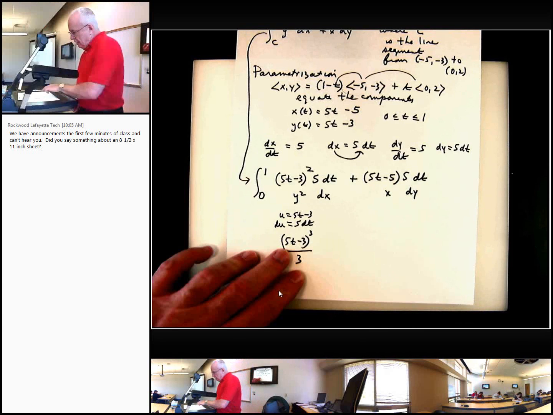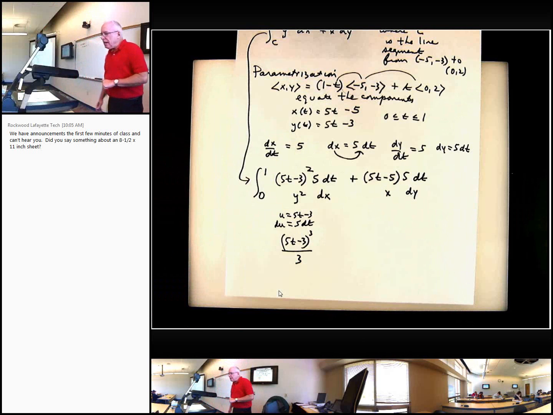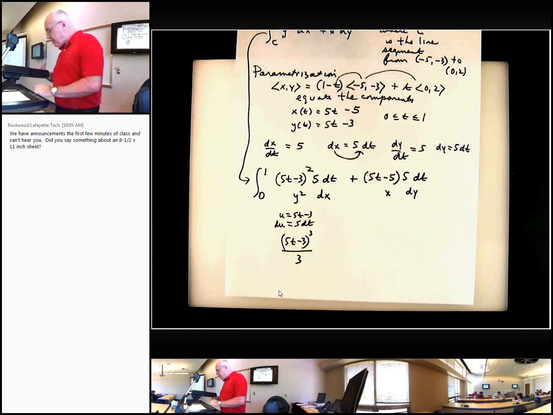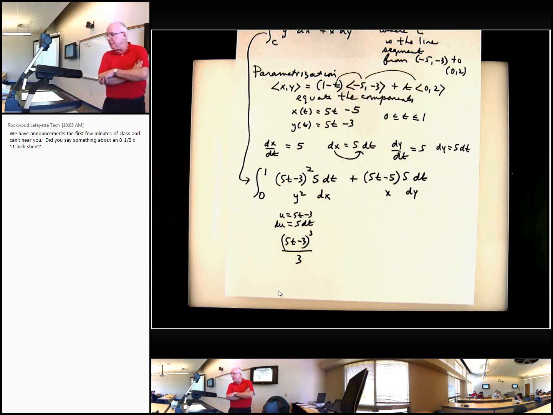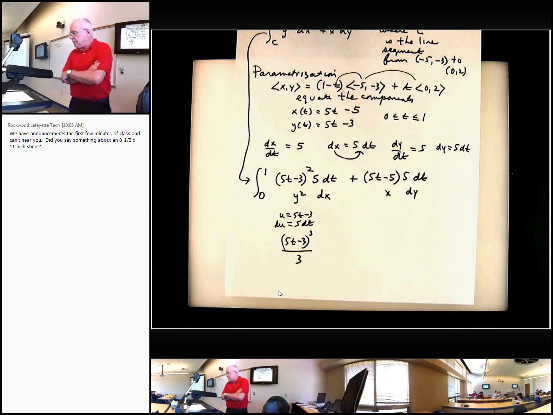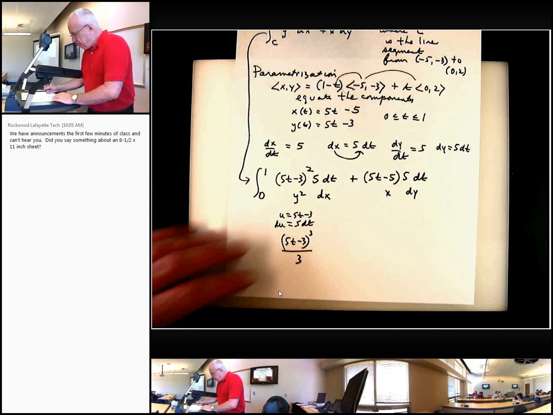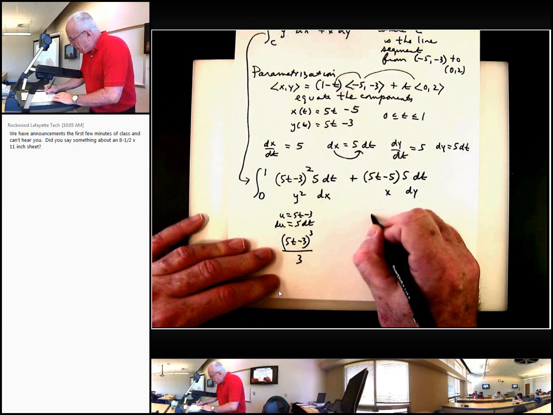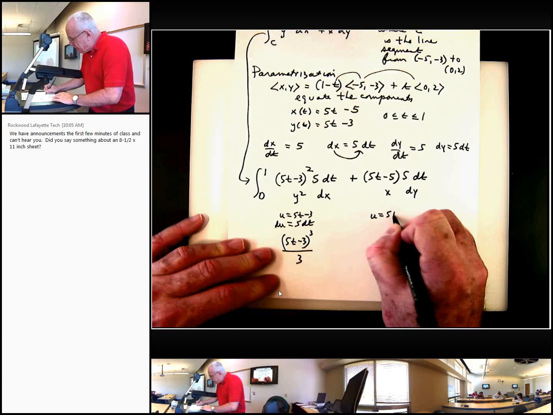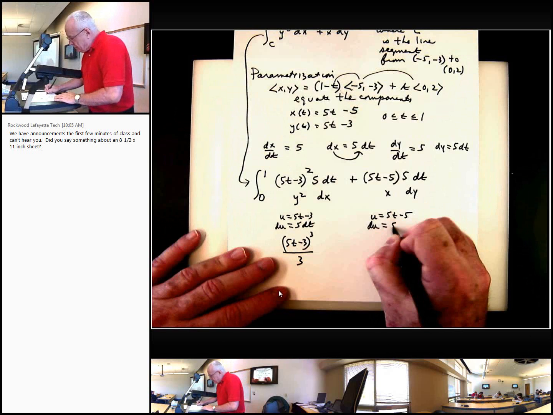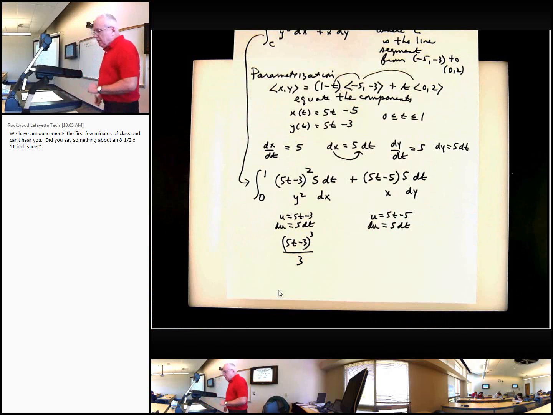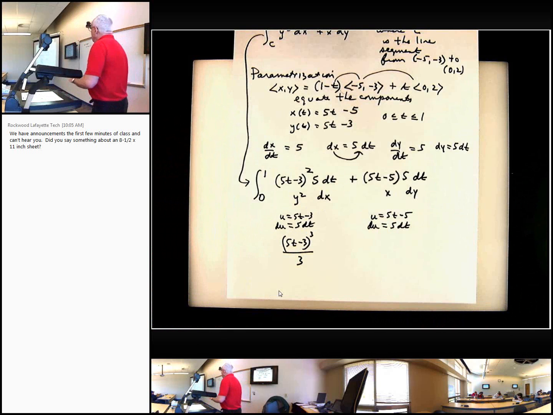Then the second one here, I've got a 5t minus 5, and that's times 5 dt. Again, let u equal 5t minus 5. du is again going to be 5 dt. So now I have u du, so I just do it as u squared over 2.